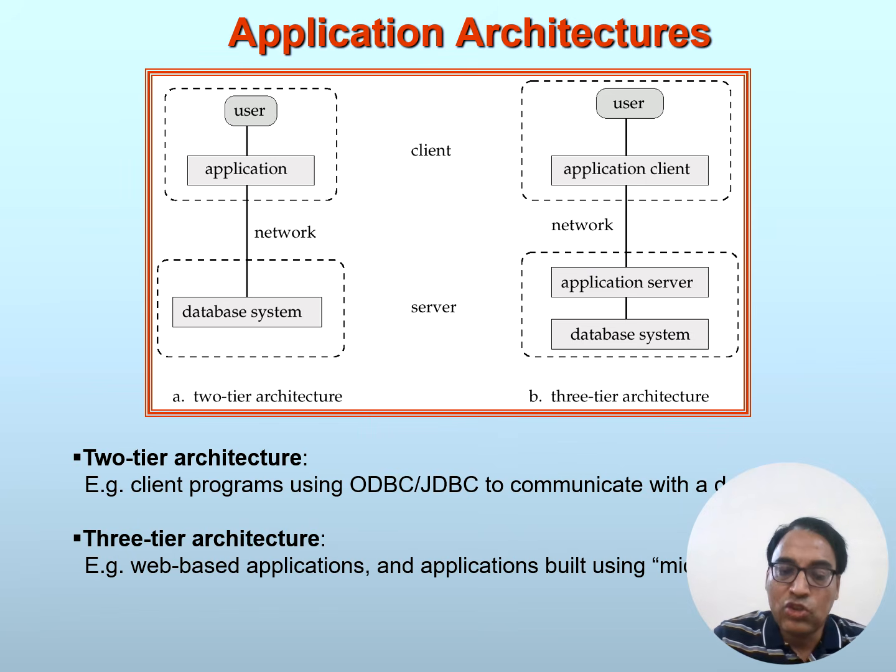So like that, the architecture is there for SQL. Normally, there is the user application and the database system. This is a two-tier architecture where I'm a user using an application, and through this application I'm able to retrieve data from the database system.